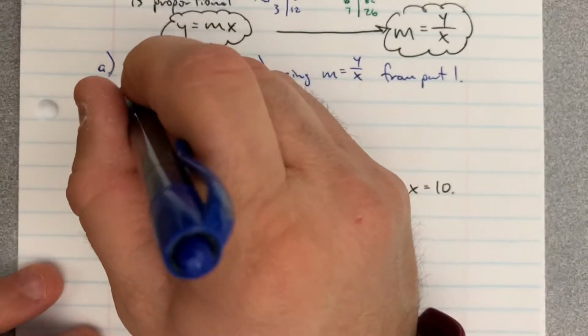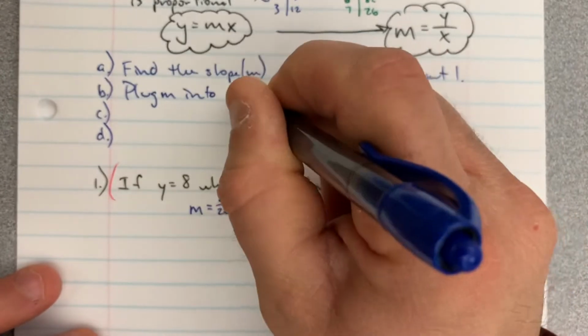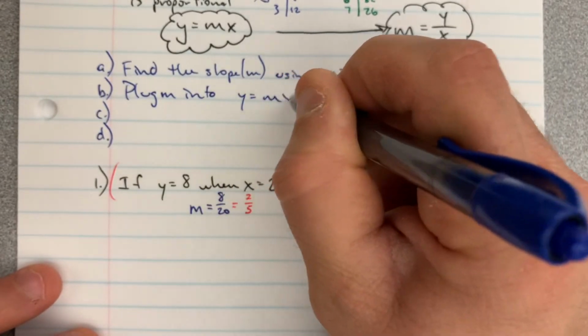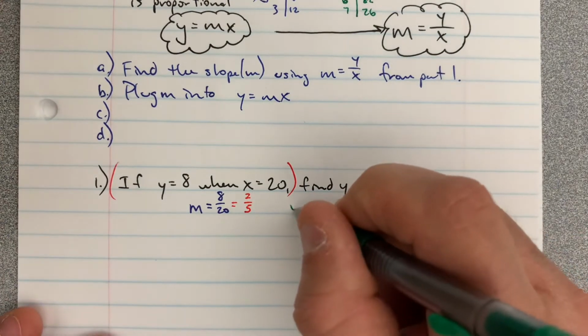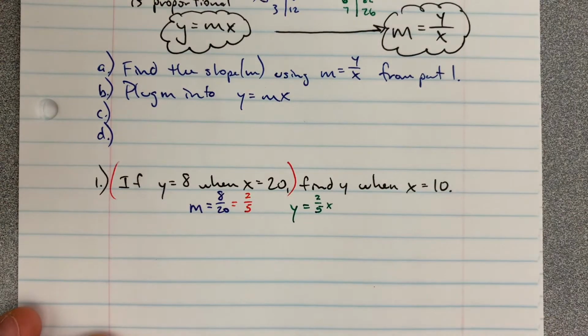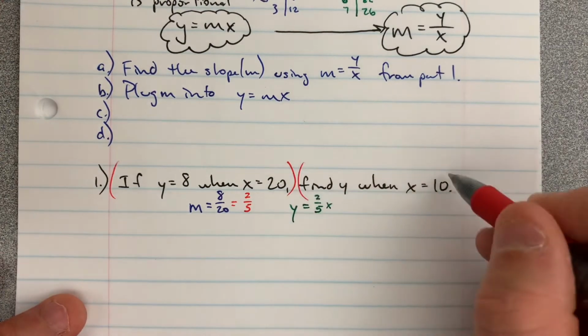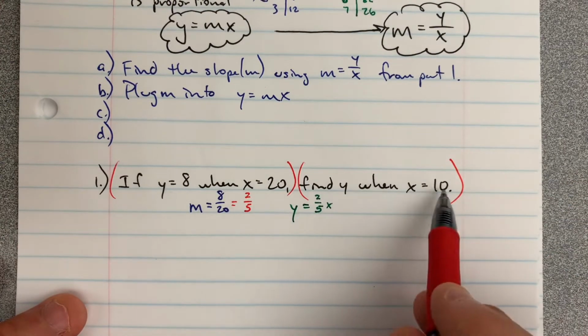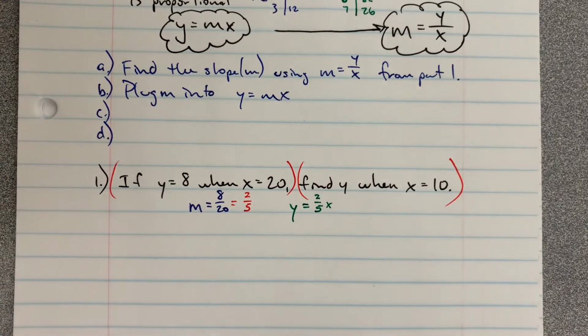That's step B. We're going to plug m into our formula of y equals mx. So when I do that, I now have y equals 2/5 x. The second part to our question is find y when x is 10. So they're telling me that x is 10, so I'm plugging that into my equation.